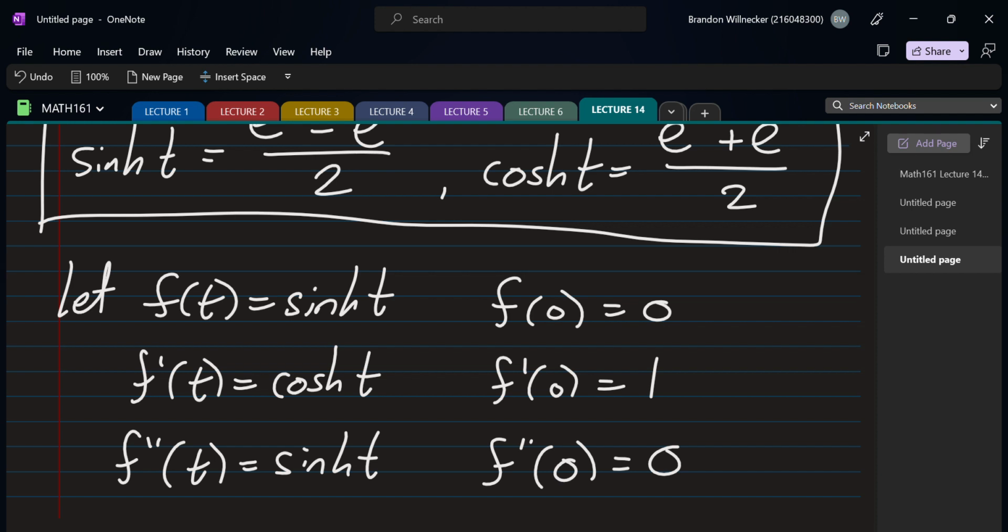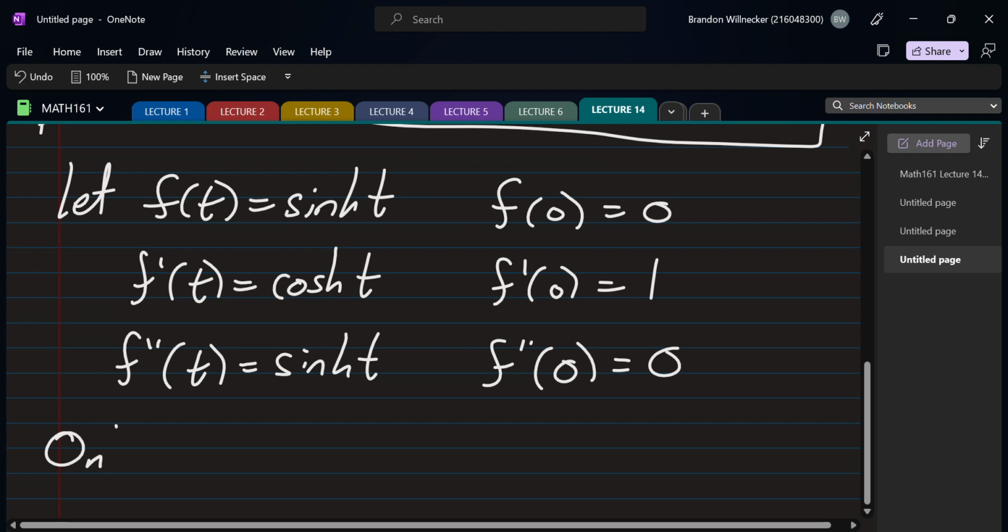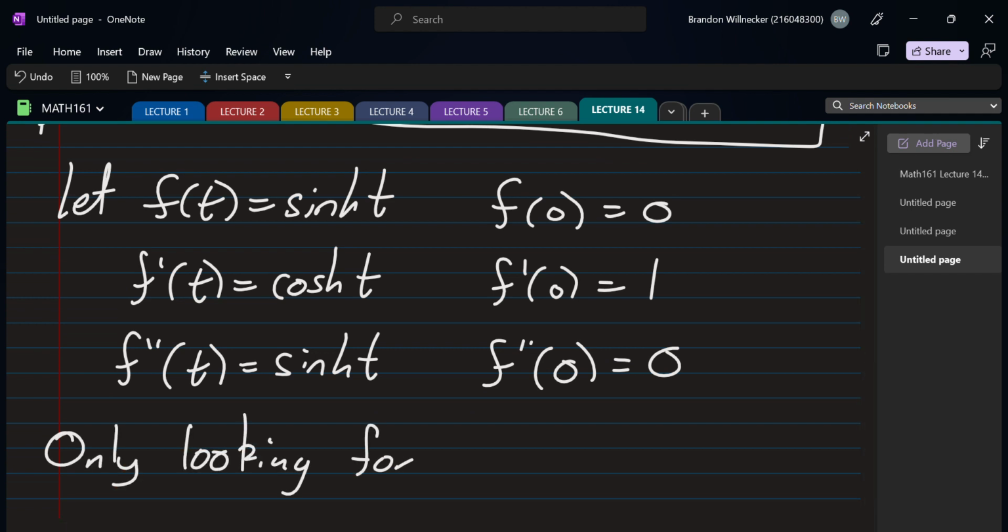You can check a few more. You'll see that all of the odd derivatives, the first, the third, the fifth, will be 1, and all of the even ones will be 0. So we're only looking for odd terms.